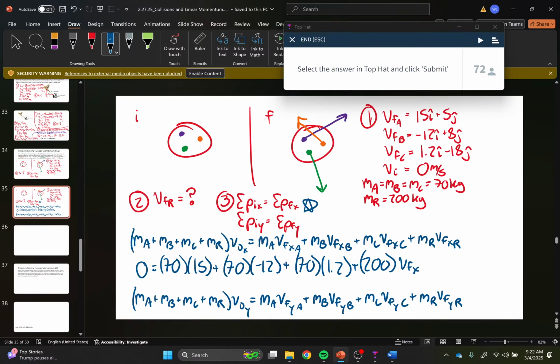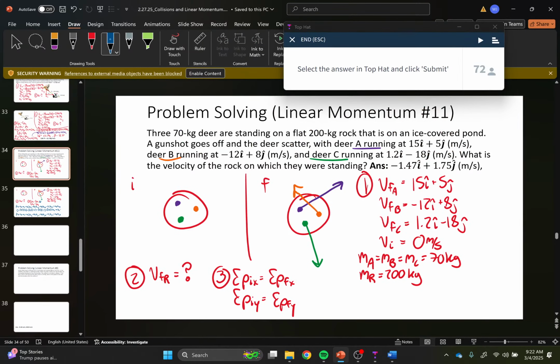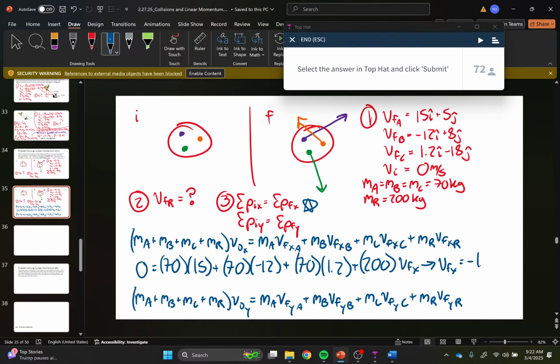Then you do some math, and v final x equals all that 70 times stuff divided by 200. V final x equals what is the answer? Negative 1.47. Yay.